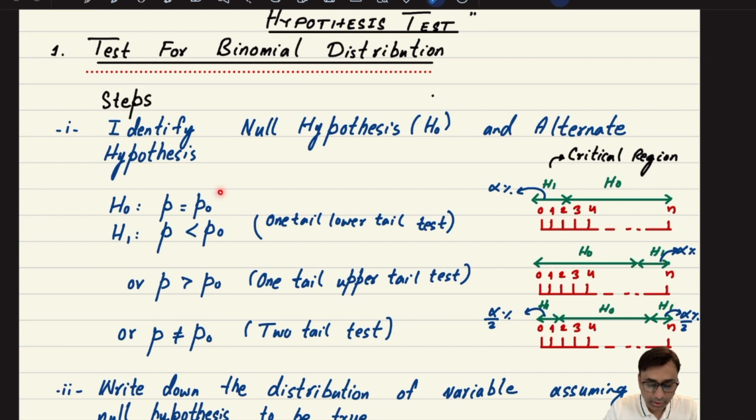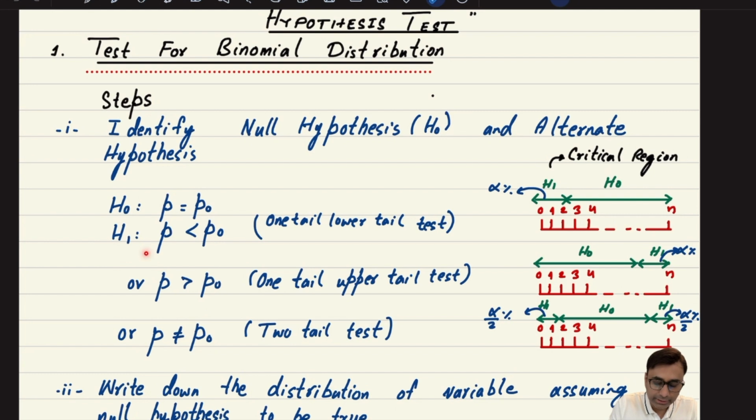You write down the null hypothesis as probability equal to whatever was the initial established value of the probability, which is P is equal to P naught. And then you write down your alternate hypothesis based on whether it's increasing, decreasing, or changing.